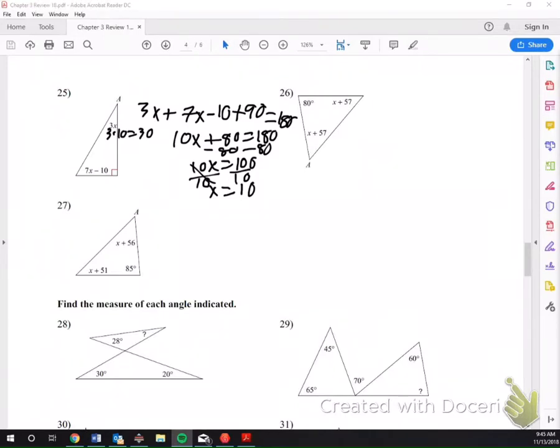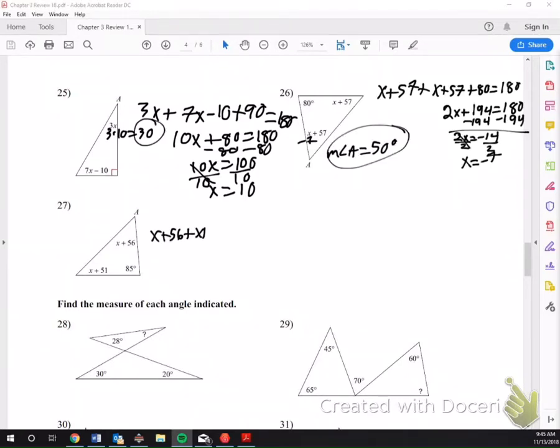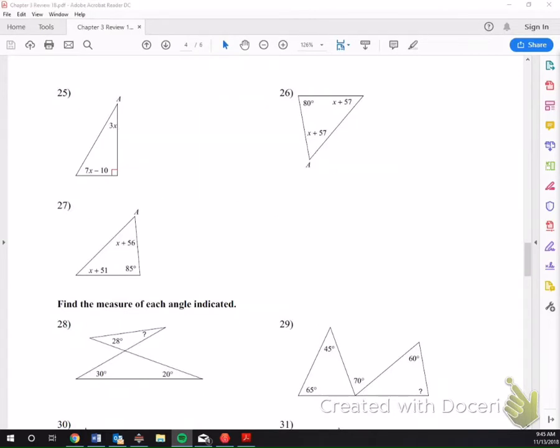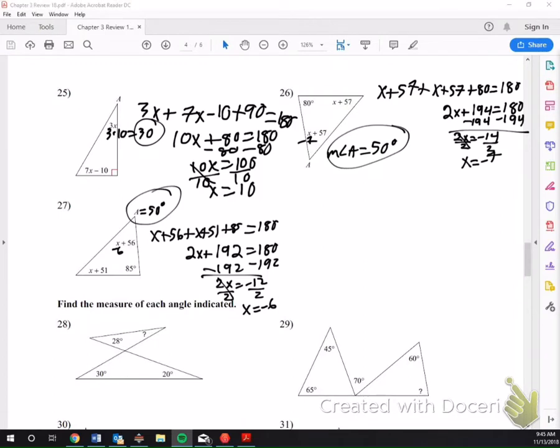So you have a 30, 60, 90 triangle, and that checks. That's 180 degrees. Same idea for 26 and 27. Okay, so again, if you want to check your work, just hit pause and check it there.